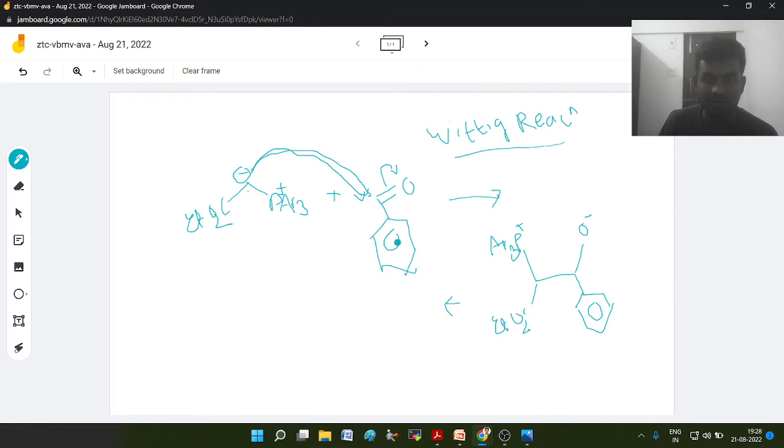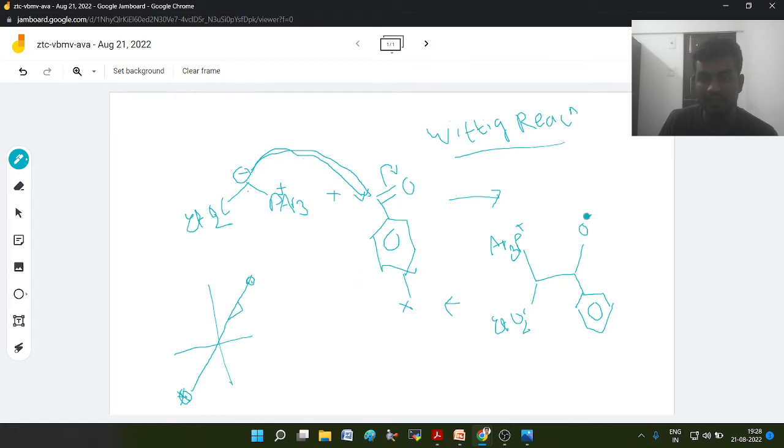If there is an X which is electron withdrawing, it will have a higher rate, and if it is an NH2 group, it will reduce the rate. So if we draw this, we expect a positive rho value, and from the mechanism also we can see there is an electron flow toward the benzene ring.